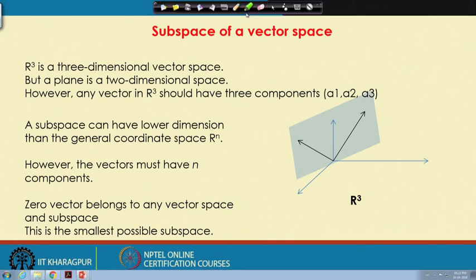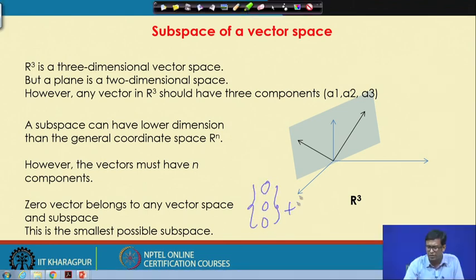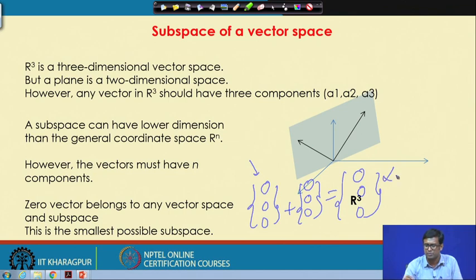Why? If I have, in 3D, 0 0 0, I add it with another, and this belongs to a subspace. The only member of the subspace is the 0 vector. I add with one, I get the zero vector only, which is a member of the subspace, or if I multiply a 0 vector with a 0 vector, I get the 0 vector only.